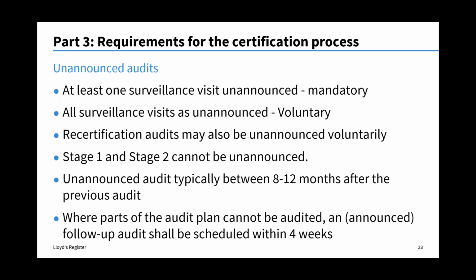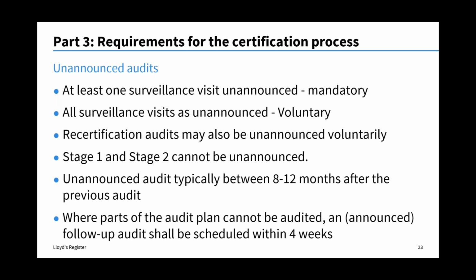The second requirement is that the organization can opt for all surveillance visits as unannounced. This is voluntary. Once an organization decides that they want all surveillance visits as unannounced, the certification body can conduct surveillance visits as unannounced.